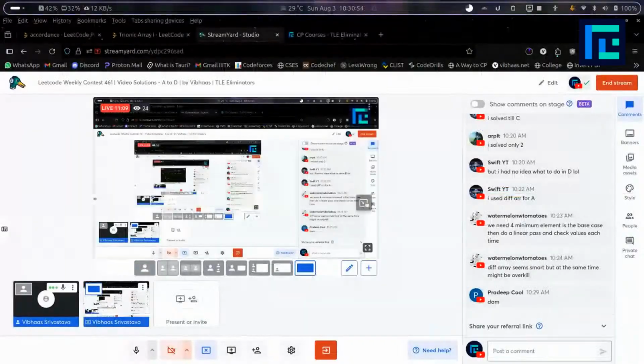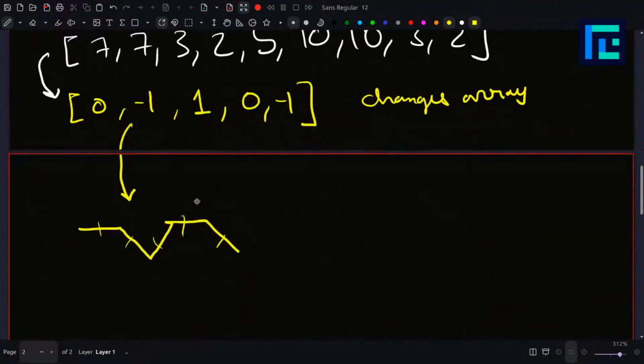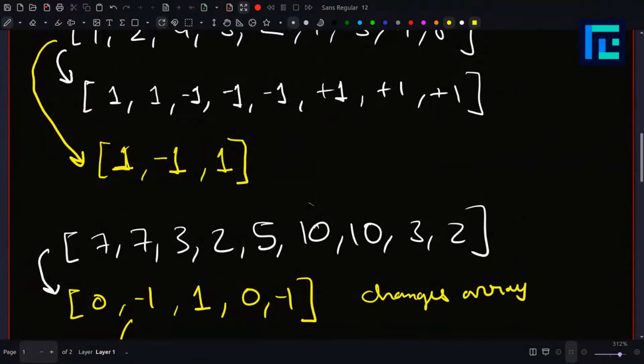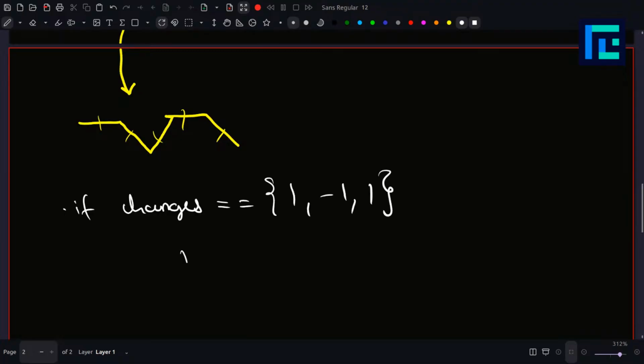Okay. So now once we have made the changes array, the only thing we need to check is whether there is a period of increasing followed by a period of decreasing followed by a period of increasing, right? So we just need to output this: if changes is equal to this array which we want, which is +1, -1, +1, return true, else we can return false. Okay.